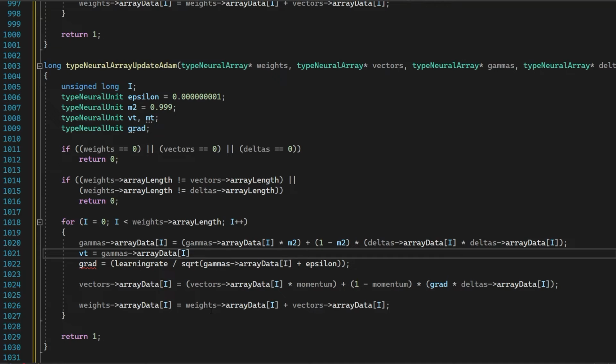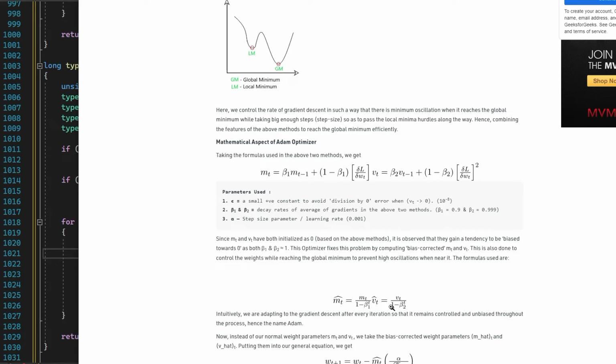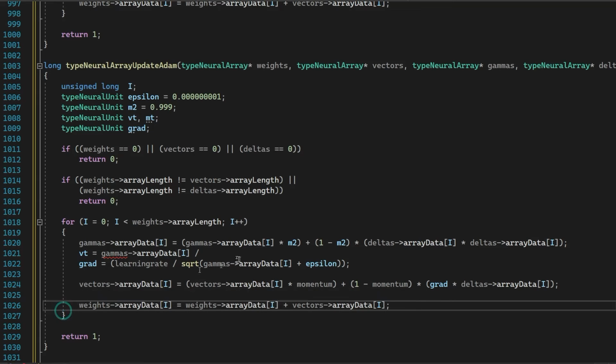Data divided by 1 minus, v_t hat. It's not just v_t, it's v_t hat. v_t divided by 1 minus beta_t 2. What is beta_t? Okay, let me try to figure out what beta_t is.